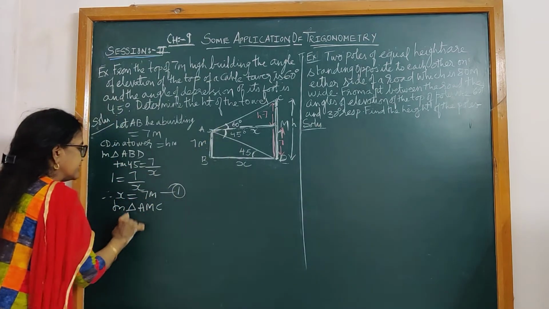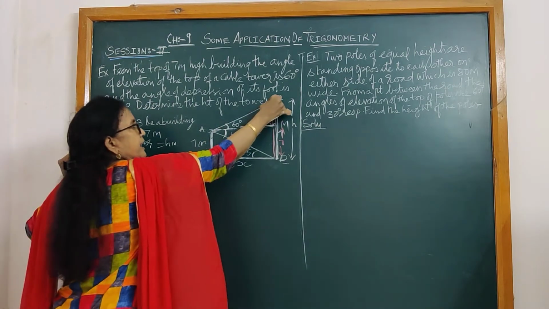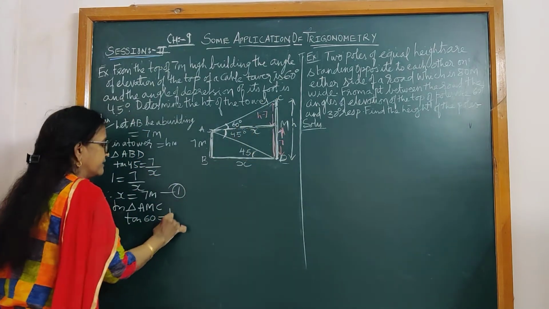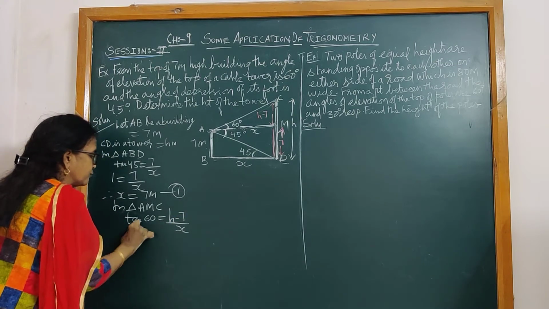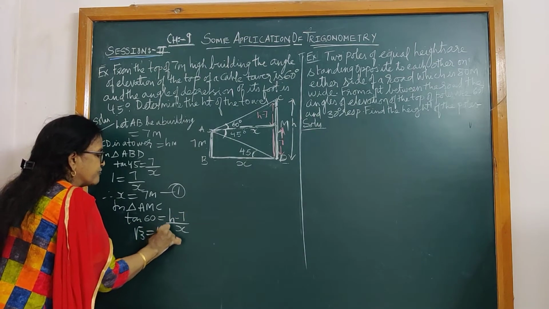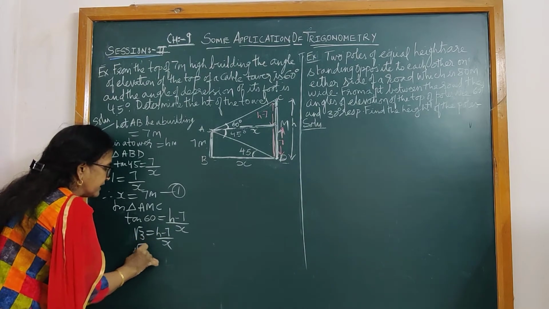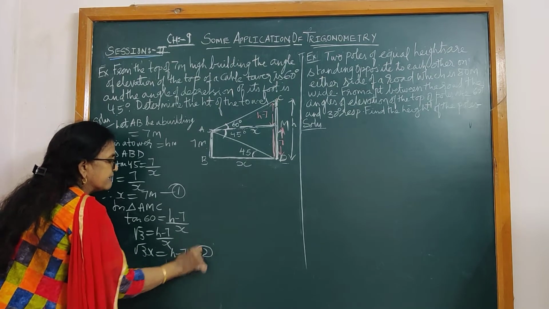So tan 60 is equal to H minus 7 upon x. Tan 60 is root 3, so root 3 is equal to H minus 7 upon x. Cross multiplied, root 3 x is equal to H minus 7. We will call this equation 2.